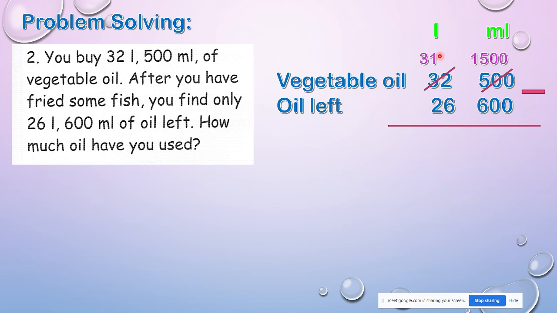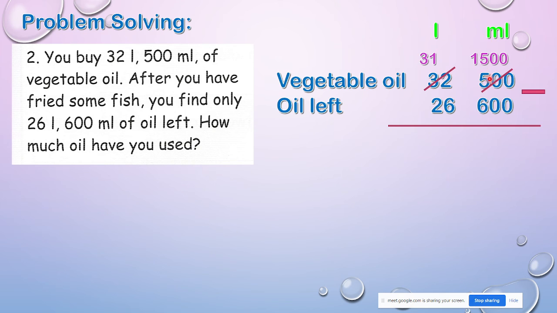Listen. We will borrow 1 from 32, so it will become 31 liters. After borrowing 1 liter, when we move this to milliliters, 1 liter will become 1,000 milliliters.